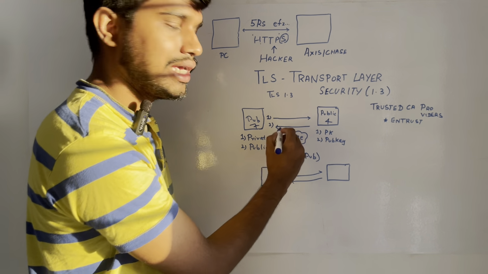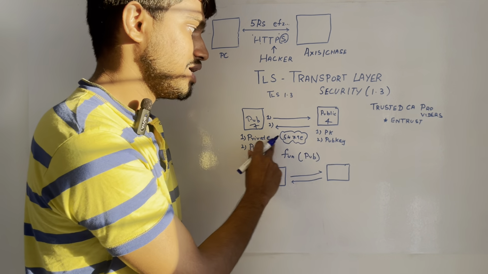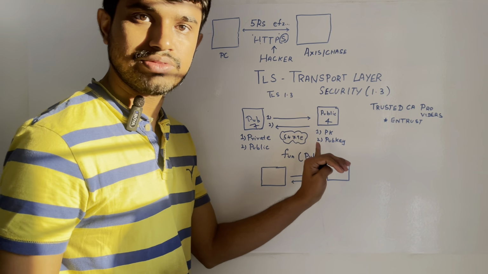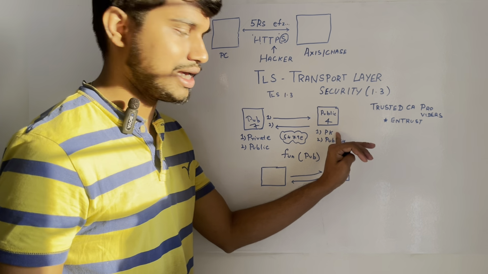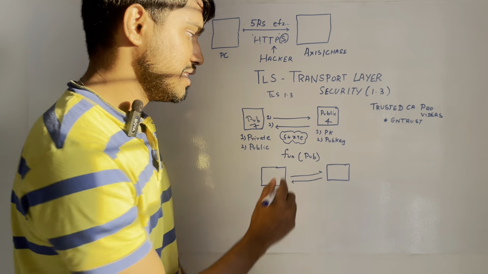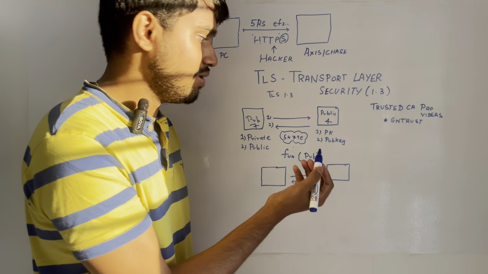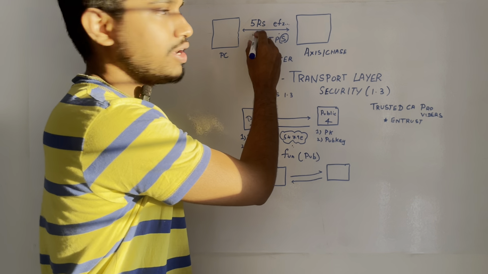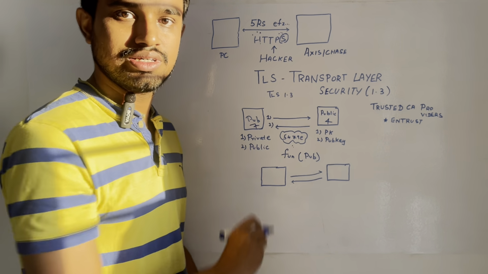Only the public key is transferred on the internet. The private key they keep for themselves. So even if the hacker tries to sniff the packet, they will never have the private key. Without the private key, this secret will not be available, and without this secret, they will not be able to convert 5 rupees to this or this to this, right?